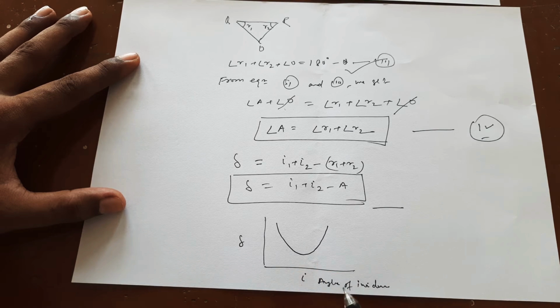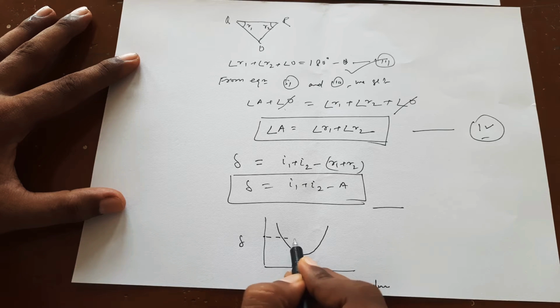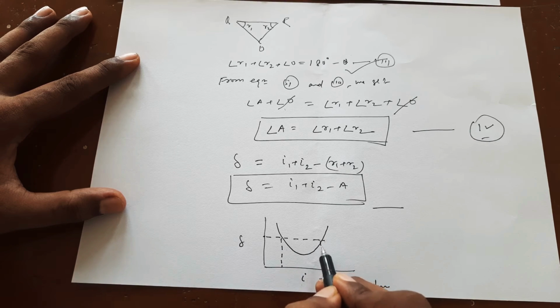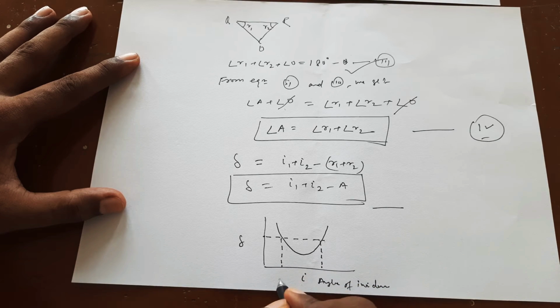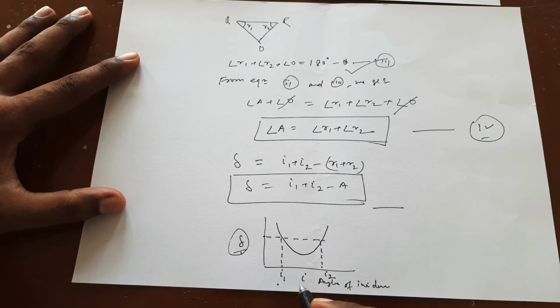So for a certain delta, let us suppose at this point, if I draw a line, it cuts at 2 points, at this point and at this point. Just draw a perpendicular on the x-axis. So let us suppose this one is I1, this one is I2. So for a certain delta, there are two angles of incidence, I1 and I2.